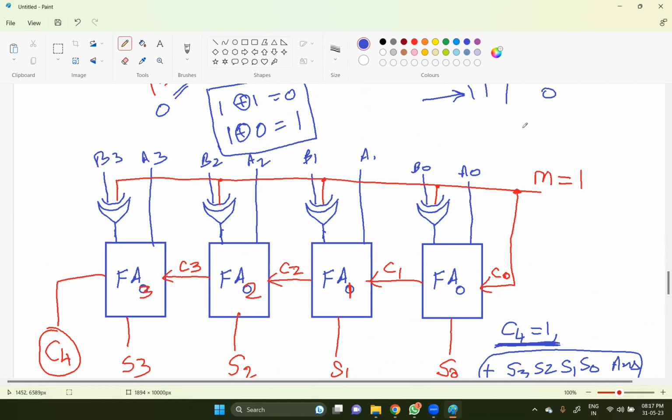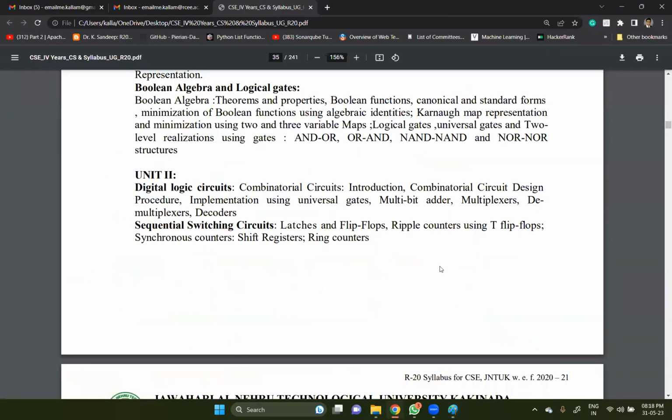So this is the complete information regarding adders. Of course, adder and subtractor: half adder, full adder, then 4-bit adder, direct adder, and 4-bit adder-subtractor. Something like this. This is our complete information regarding multi-bit adders.